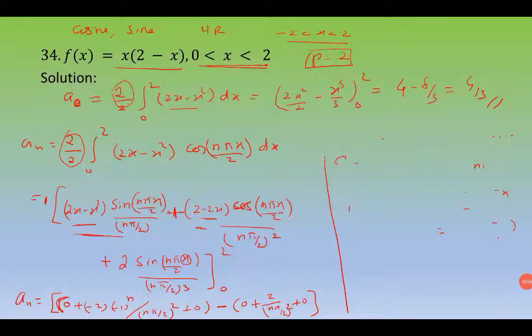So we write the answer here. a_n is equal to this term. First term will be minus 2 minus 1 to the power n.